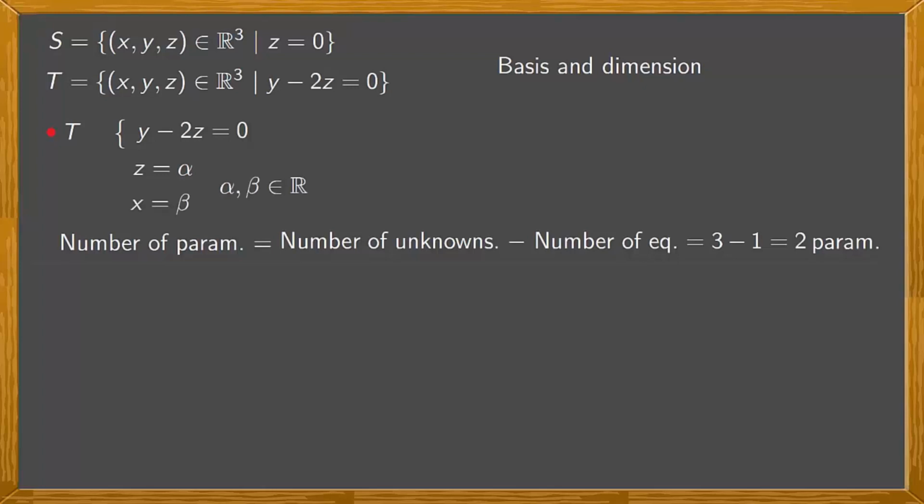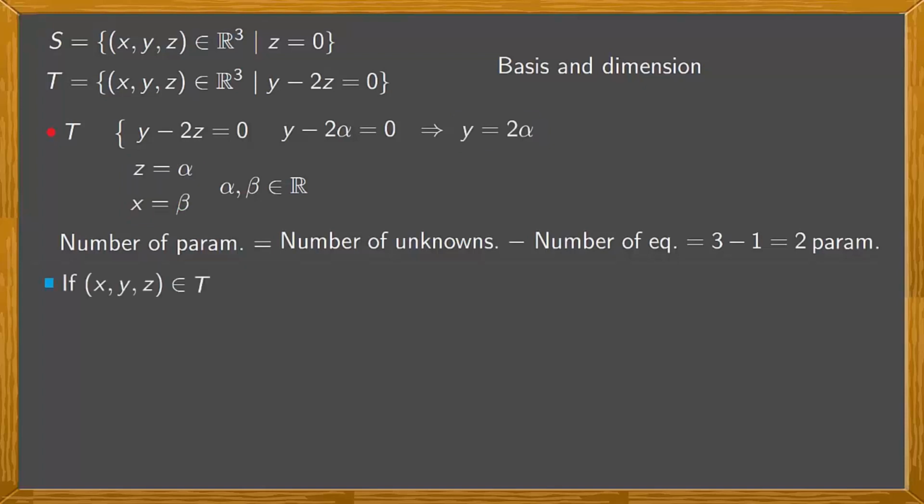Now y is missing, but notice that y does appear in the equation. So we substitute here y minus 2 times z, which is alpha, equals 0. So y equals 2 alpha. Now we have all the unknowns based on the parameters, and we can continue.